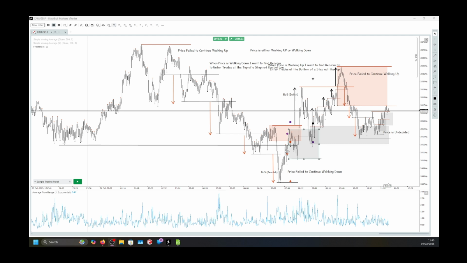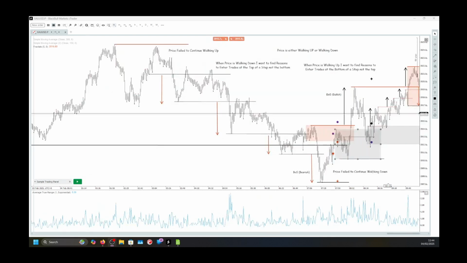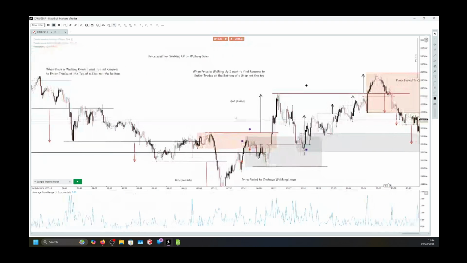And at this point where I was looking to go short, you see price stopped stepping down and then started to step up. If you're going to take these trades, you want to be taking trades from the bottom of a step, because here you see price started to step up from here, and we had this big push up.